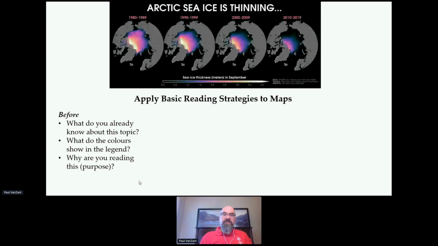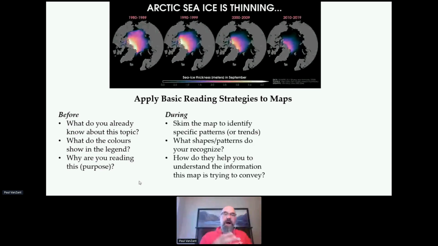During the reading process, we want to be able to skim, identify specific patterns or trends, what particular shapes or patterns they recognize, and how well we understand what this map is actually trying to convey. And then, and only then, can we start to draw conclusions and predict the implications of what we see.